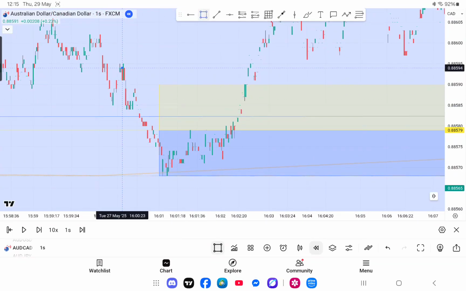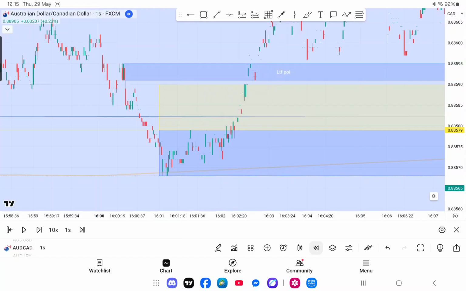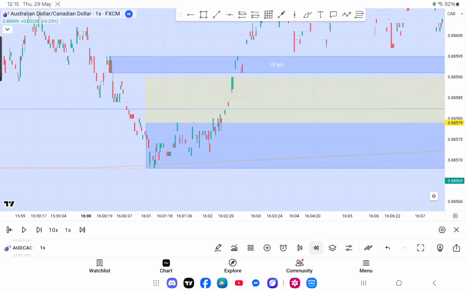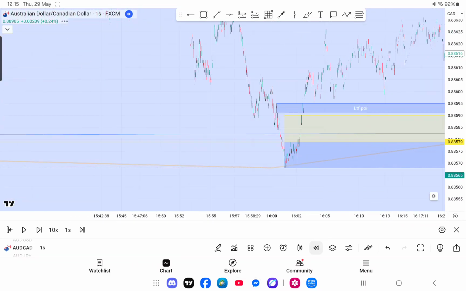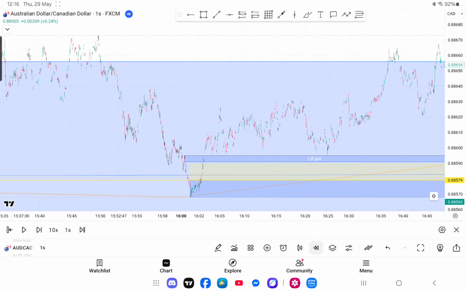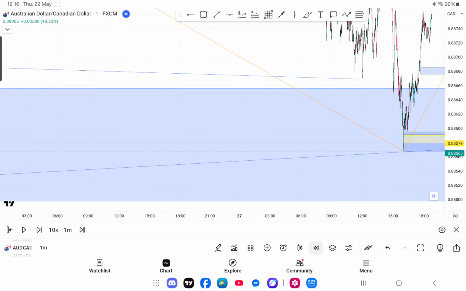I'm sort of drawn to this though. I don't know what happens after that, but yeah, that's sort of how I'd be breaking the trade down, as if I was trying to find the entry.